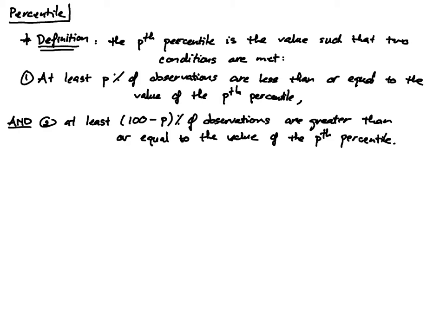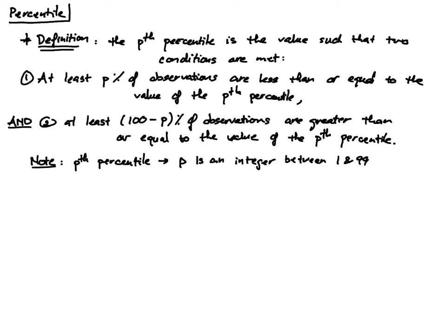So that's the definition. Now I want to note something. When we talk about the p percentile, p is typically an integer between 1 and 99.